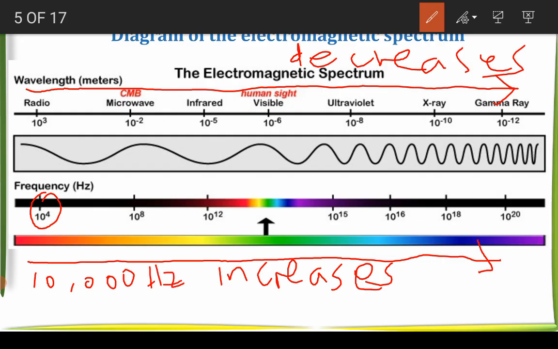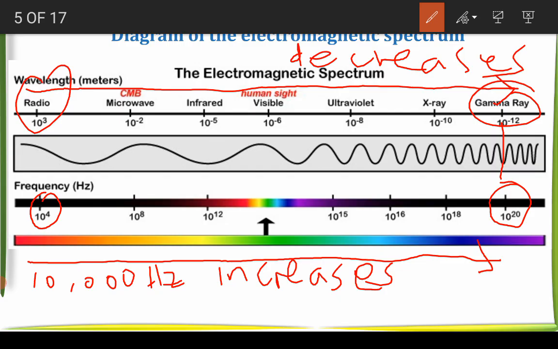But as you move from radio, going all the way to gamma, we are comparing these values here. You find that it's 10 to the power 20. 10 to the power 20 is 1 with 20 zeros after it. That's a lot of frequency, high frequency.